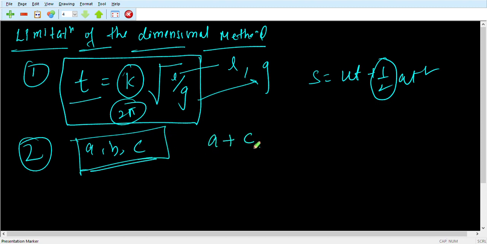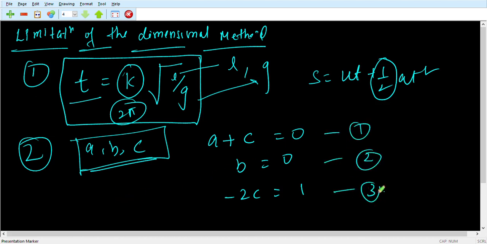Last time we had a plus c equals 0, b equals 0, minus 2c equals 1. To find three variables, you need three different equations. This is not always possible because so many other factors also affect a particular physical law governed by nature, so it is very difficult to understand in that way.